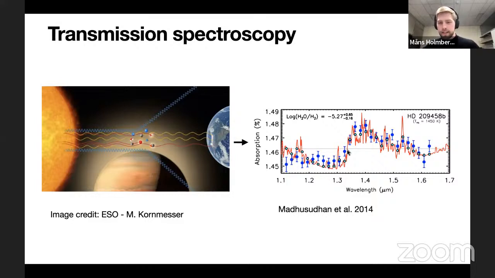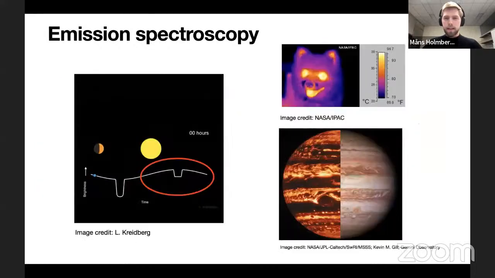So these data points here show a sort of bump around 1.4 micron. This bump corresponds to the spectral features of water. This is a detection. This is the first detection, back in 2014, of water on an exoplanet. So this is big news. Today, we have come further, but this is a great milestone in our endeavor to discover exoplanets.